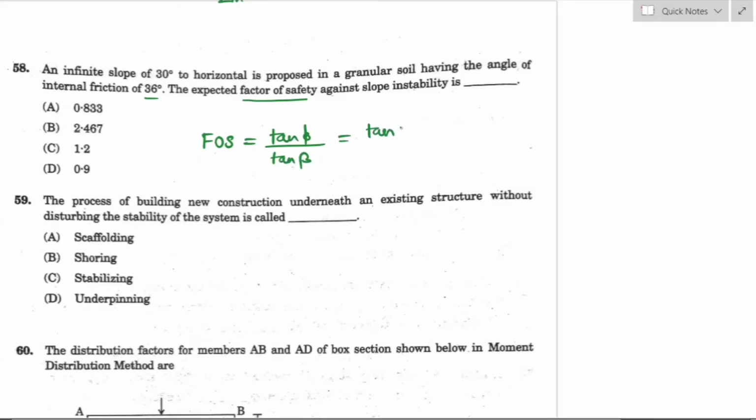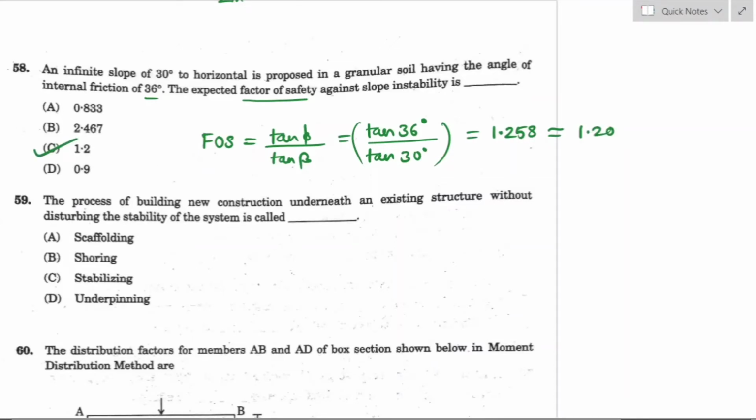So tan 36 degree divided by tan beta, where beta is the infinite slope angle, so it is tan 30 degree. On solving this ratio, the factor of safety against instability will be 1.258, which is nearly equal to 1.20. So option C is the right answer.